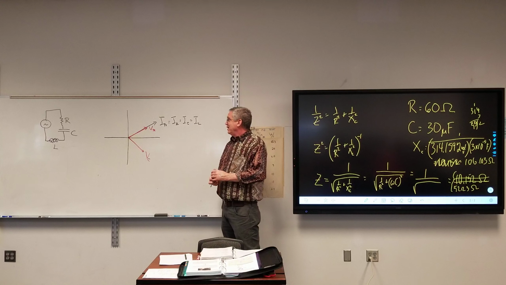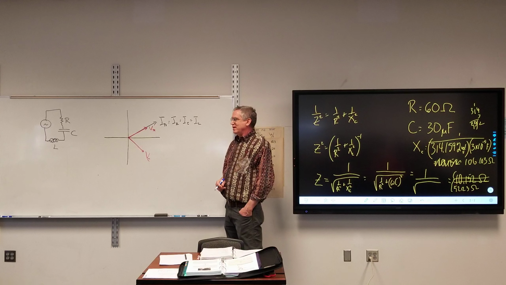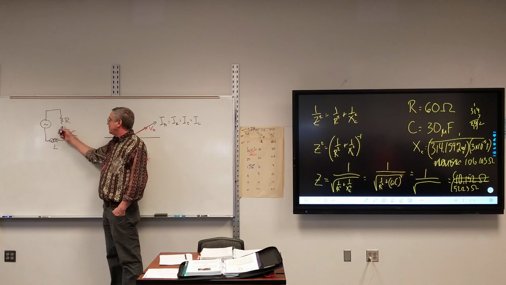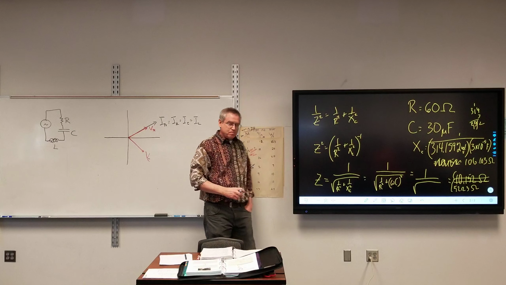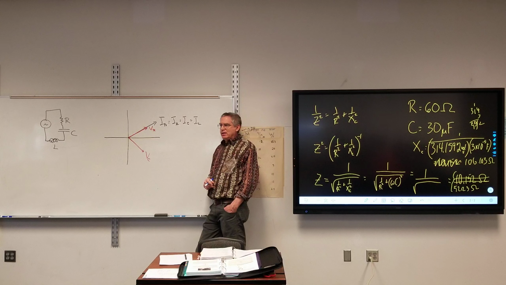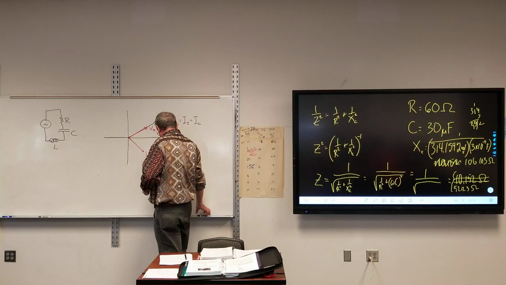Okay, the voltage for the power supply, or not yet, because we still have the inductor. I know the voltage for the power supply has got to be the sum of these three voltages here. The voltage for the inductor is going to be ahead of the current. But ahead by 90?